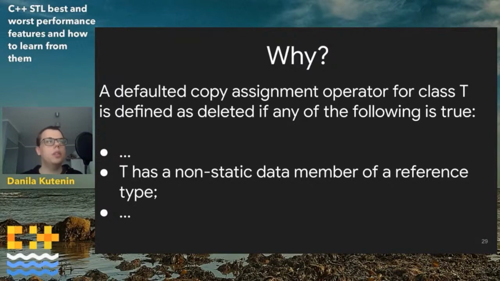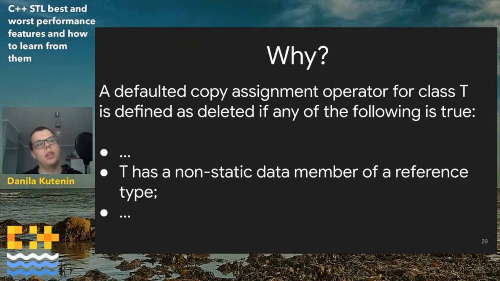The default copy assignment operator is defined as deleted if T has a non-static member of a reference type. Why? Because it's not obvious, if you have a reference in your class, what we should do when we assign one object to another. Should we assign just the reference, like the pointer, or the class itself?